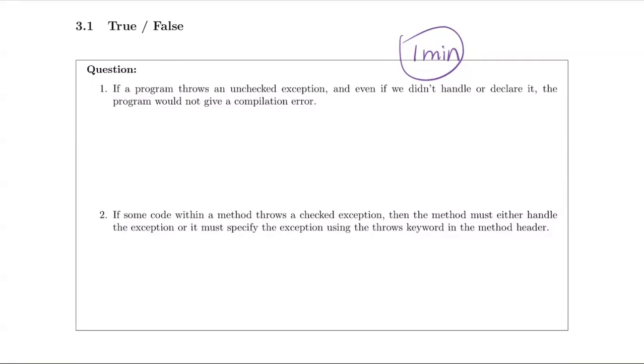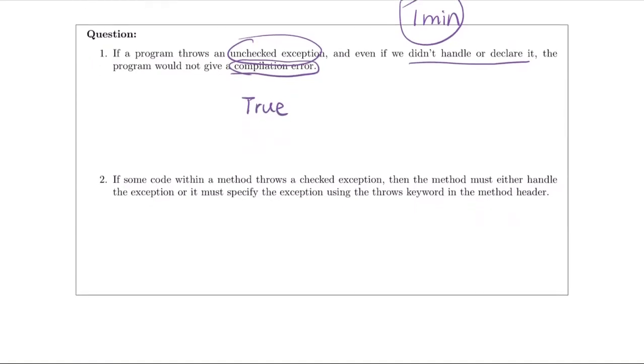Okay, the first question is saying that if a program throws an unchecked exception, even if we did not handle it or declare it, the program will not give a compilation error. This is exactly the same as the description of unchecked exceptions. Because it's unchecked during compilation time, it won't give a compilation error. So this is true.